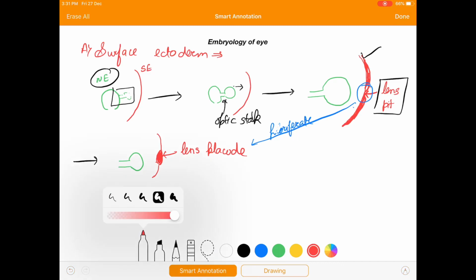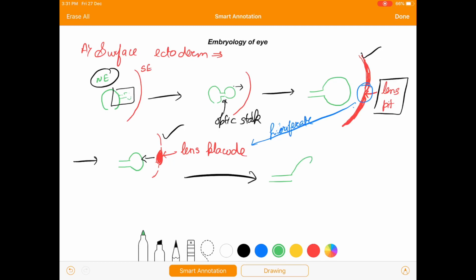Now what happens? After some time, this lens placode pinches off from this layer of surface ectoderm and dives inside the neuroectoderm. Meanwhile this neuroectoderm forms a cup-like structure. Okay, so we have the lens vesicle or lens proper.